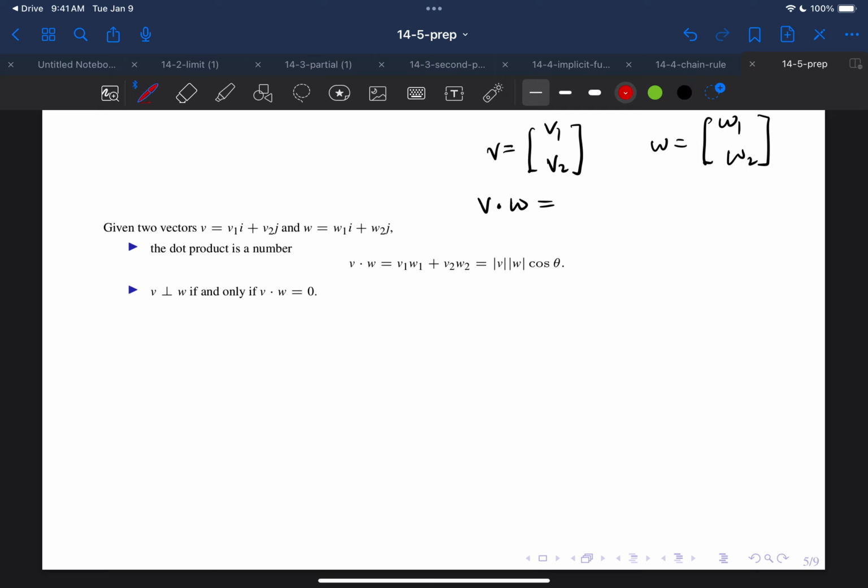You just multiply the corresponding v1 and w1, which gives a number, plus v2 times w2. So it's a component-wise product, and then add them together.